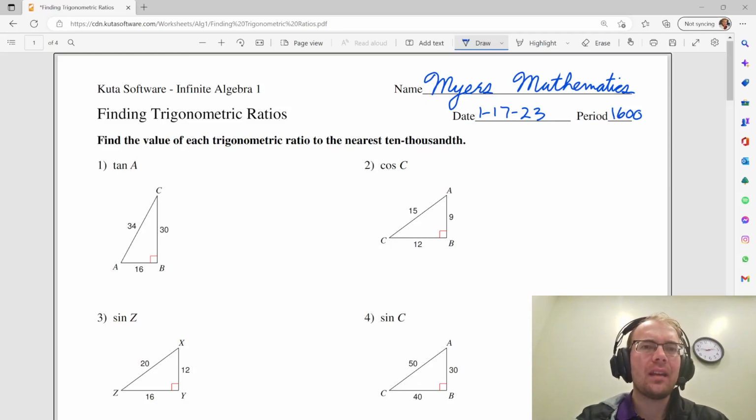This is a worksheet on finding trigonometric ratios. A lot of times ratio can be said, but what they actually mean is like a fraction or even sometimes a decimal.